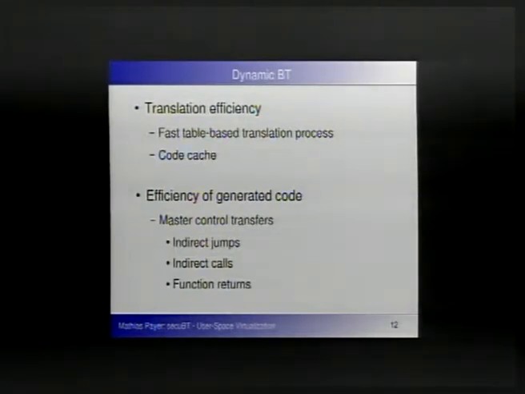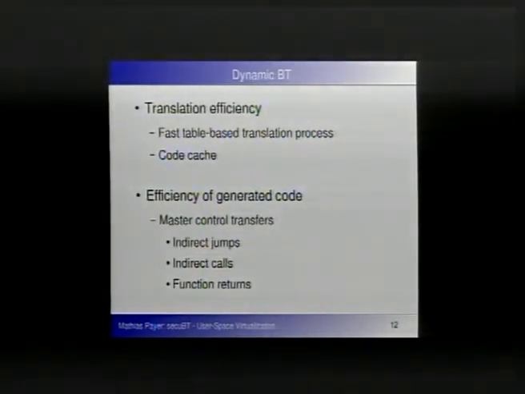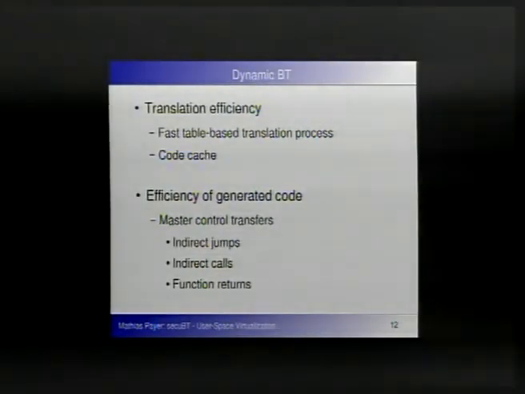There are 2 different takes on optimizations. One of them is translation efficiency to generate the code, so the translator must be fast, as well as the efficiency of generated code. The code that we generate in the code cache must be fast as well.